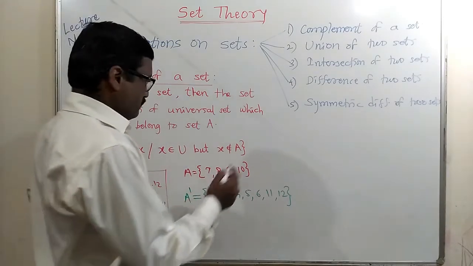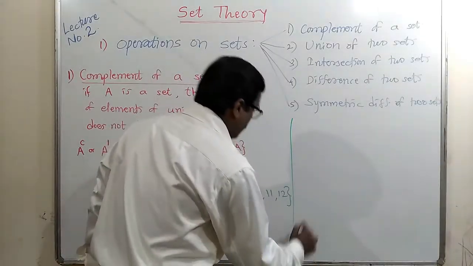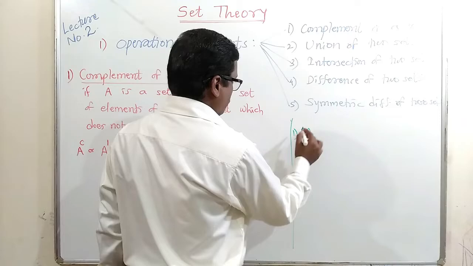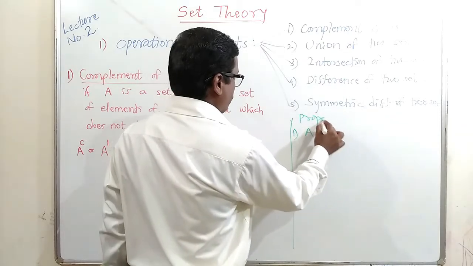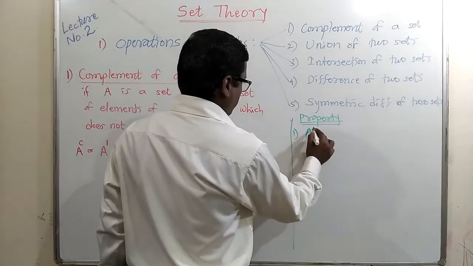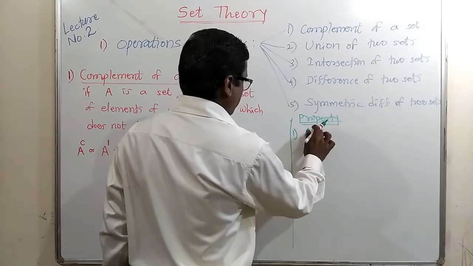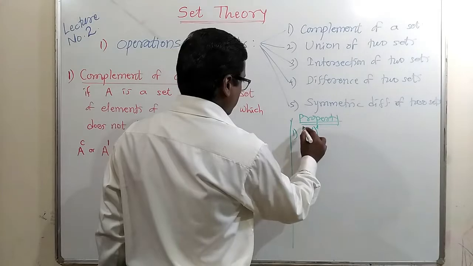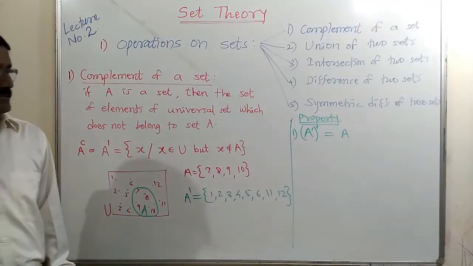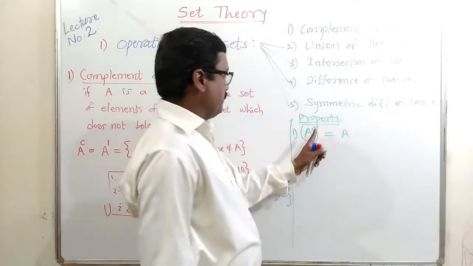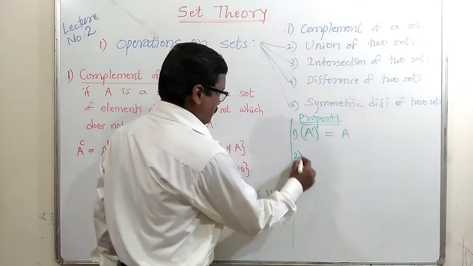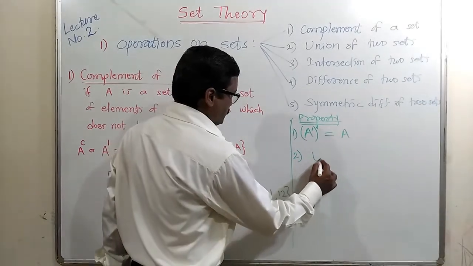Let us see some properties of complement of set. First property, that is double complement. Double complement of a set is that set itself, means complement of A complement is equal to A itself. Second property, that is complement of universal set.